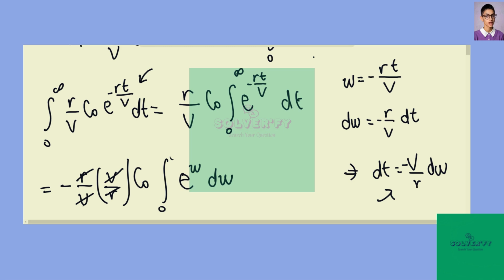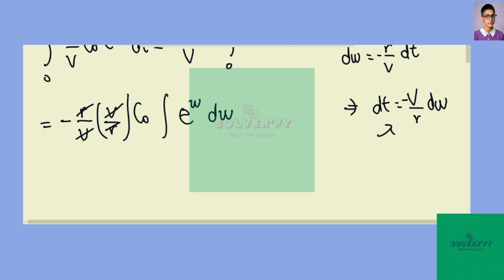This integral, of course, we are not defining the limits yet. We could do that, but we're just going to solve the integral and later return to the initial variable t. We know that the integral of the exponential is just the exponential function, so it's that easy. So we will obtain C sub 0 times the exponential of w.